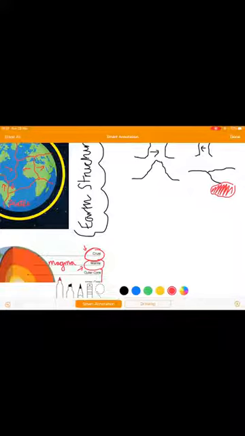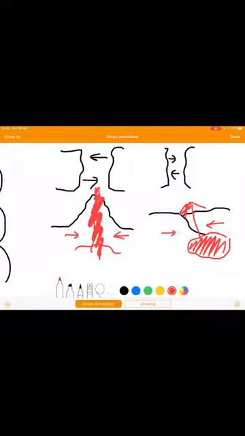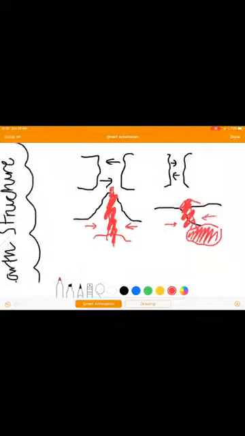It will shoot up as much as it can, and this is when it breaks through and causes an eruption. Now in both cases, magma can feel pressured because the plates are still moving towards one another, and either way you can get an eruption happening.